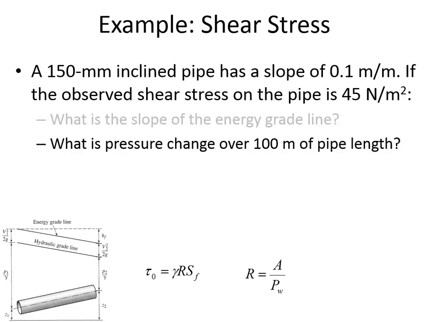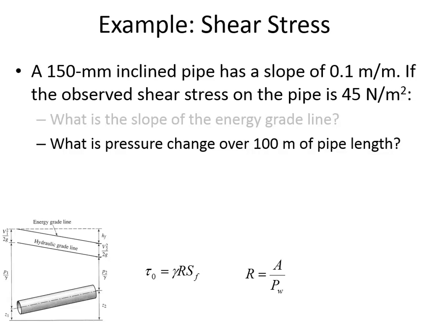And the H sub F that we've just calculated, that is 12.294 meters of energy. And then we need to multiply that by gamma, so 9810 newtons per meter cubed.